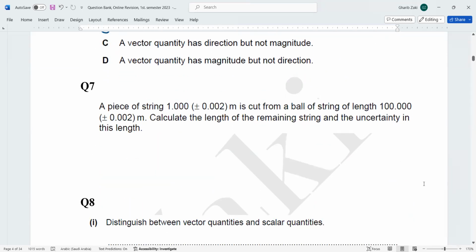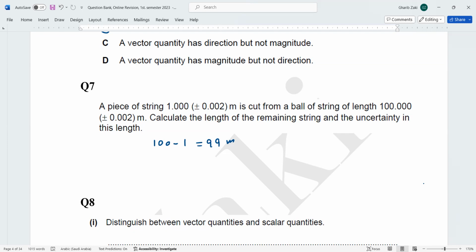Question number 7. A piece of string 1 meter plus or minus 0.02 meter is cut from a ball of string of length 100 meter plus or minus 0.02 meter. Calculate the length of the remaining string and its uncertainty. So the remaining length, we say 100 minus 1 equals 99 meters.